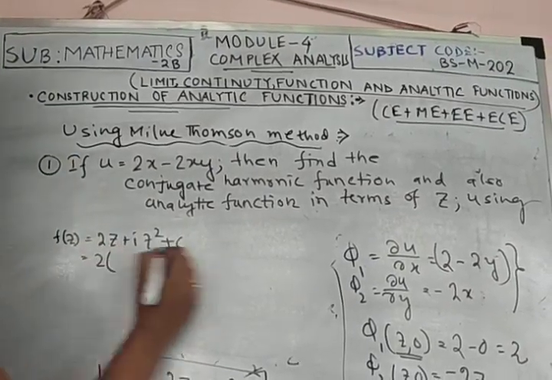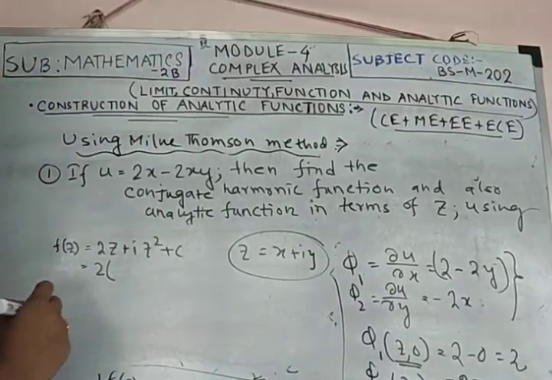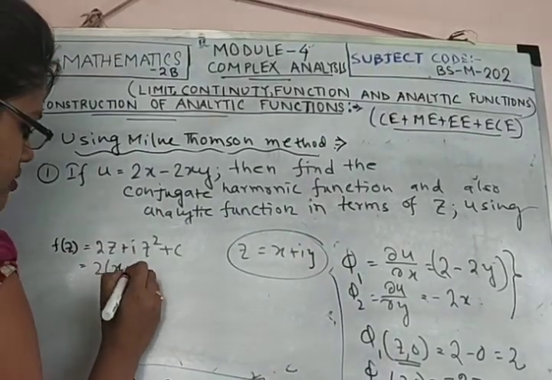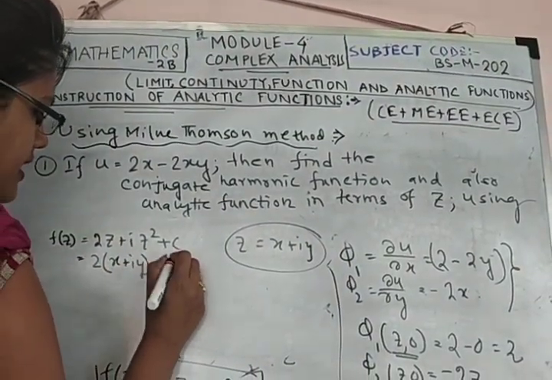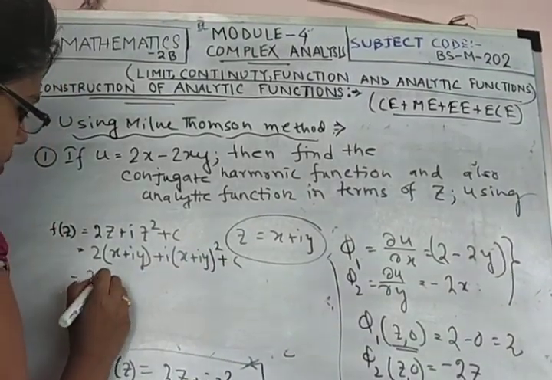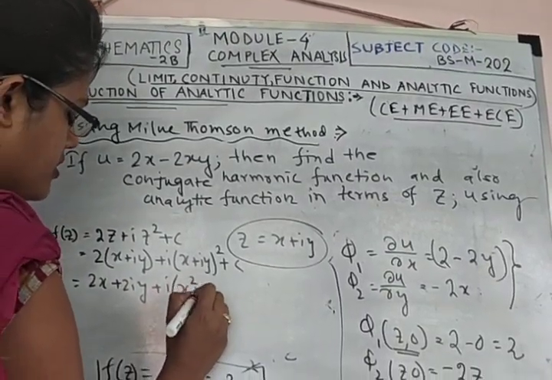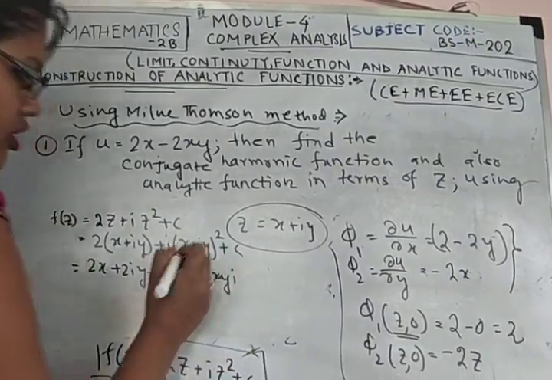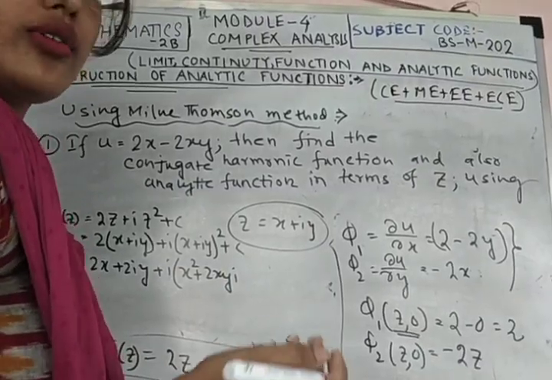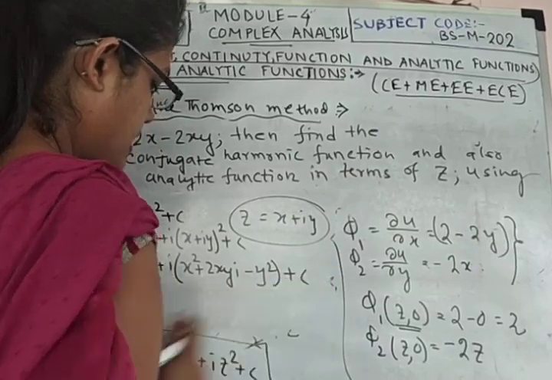Now z is a complex number, so z equals x plus iy. Putting this in, we get 2(x plus iy) plus i(x plus iy) squared plus c. This is 2x plus 2iy plus i into (x squared plus 2xyi minus y squared), since i squared equals minus 1.